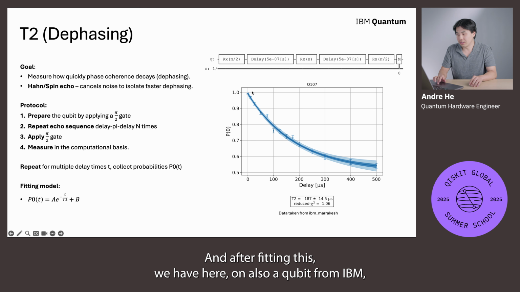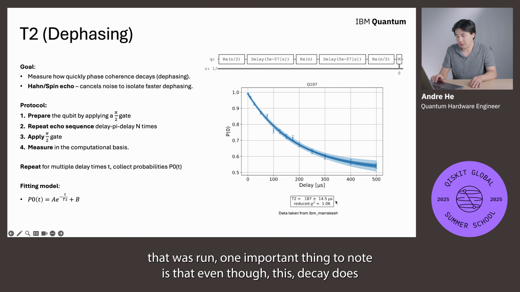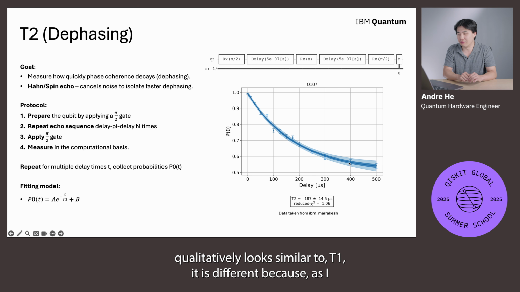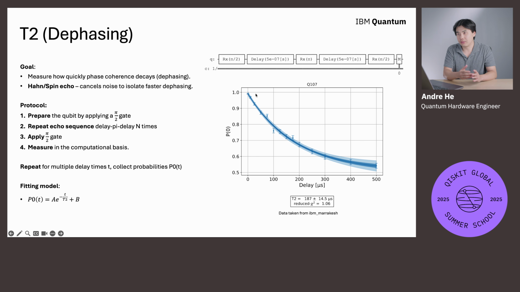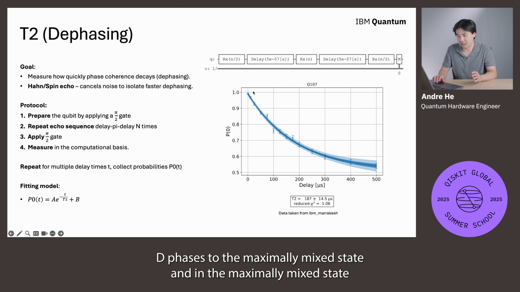After fitting this, we have here, on also a qubit from IBM Marrakesh, a T2 experiment that was run. One important thing to note is that even though this decay does qualitatively look similar to T1, it is different because, as I mentioned in a previous slide, for T2, the qubit eventually dephases to the maximally mixed state.